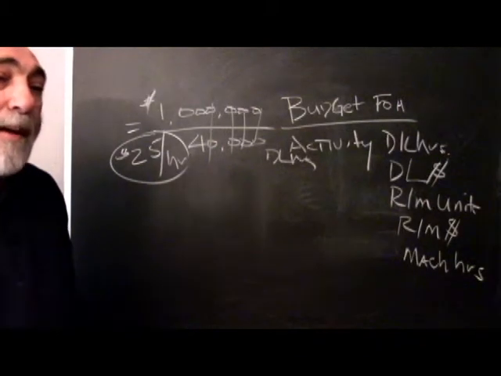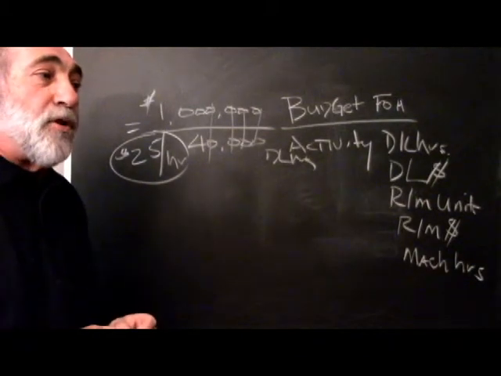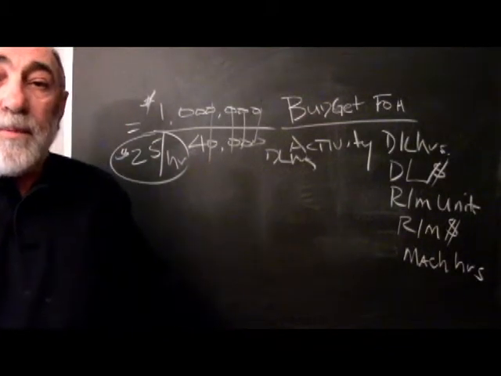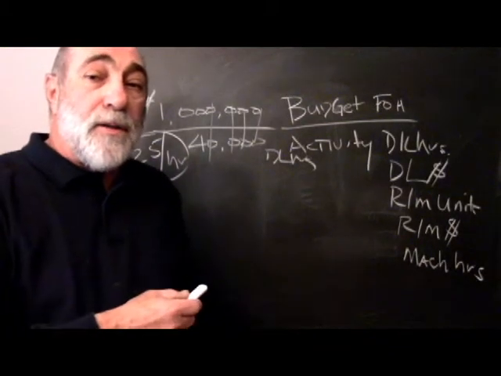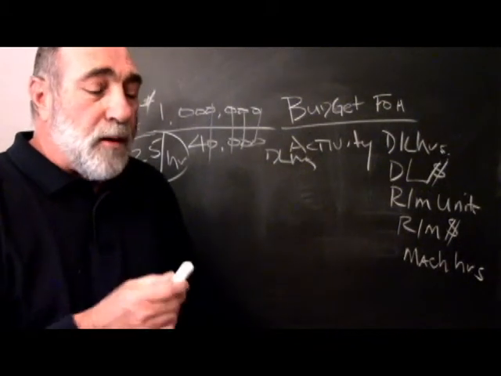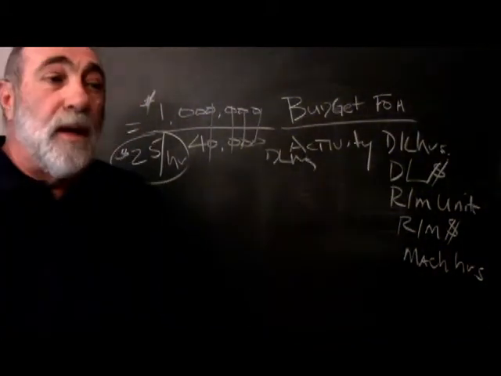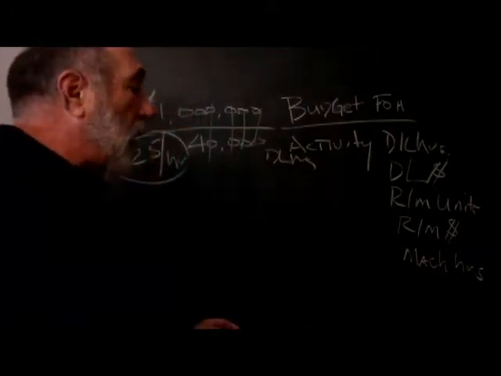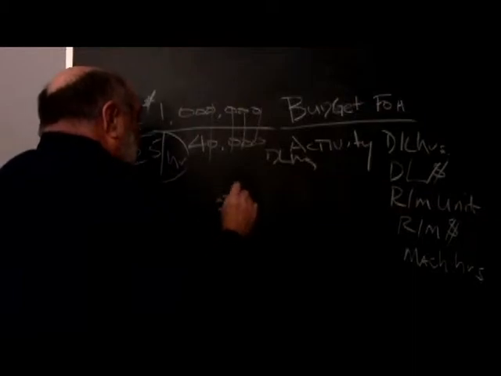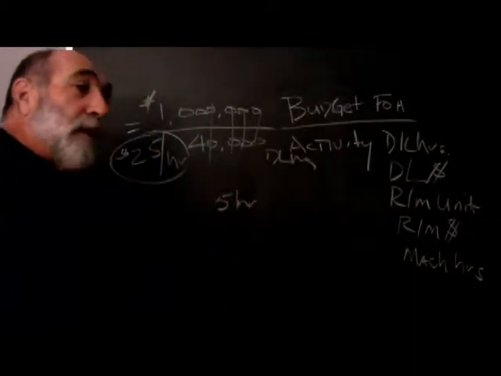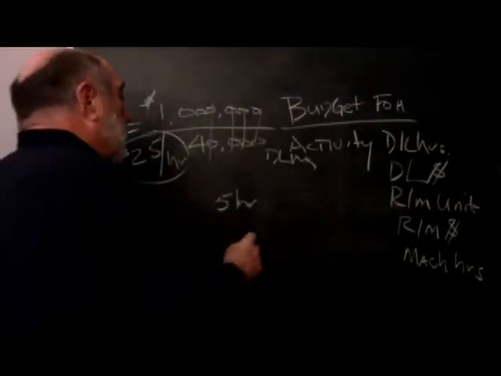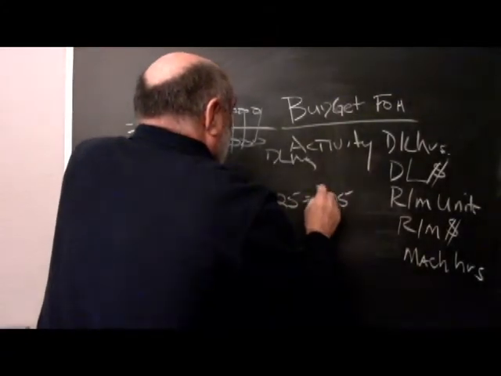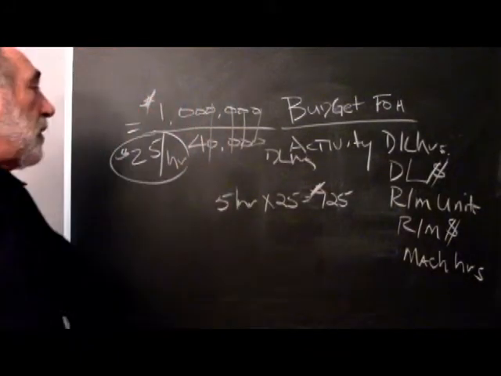All right, so then what happens, once that job is completed, we have a job ticket, and the job ticket says, here's how much raw material went in there, here's how much factory overhead went in there, how much direct labor went in there. And I take a look at it, and I say, oh, let's see, that desk used 5 hours of direct labor, so it should be charged with $125 of factory overhead.